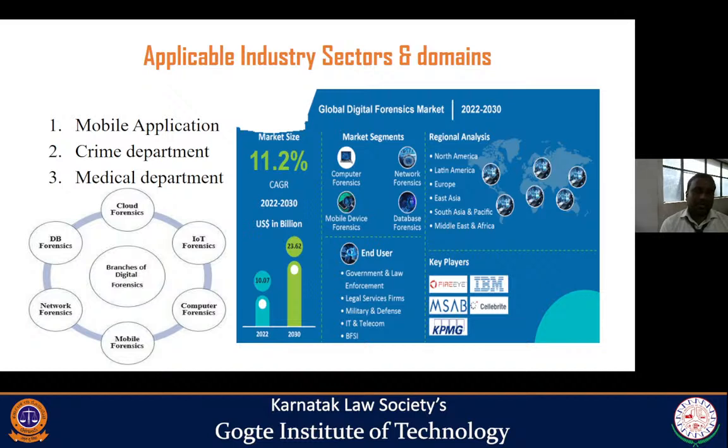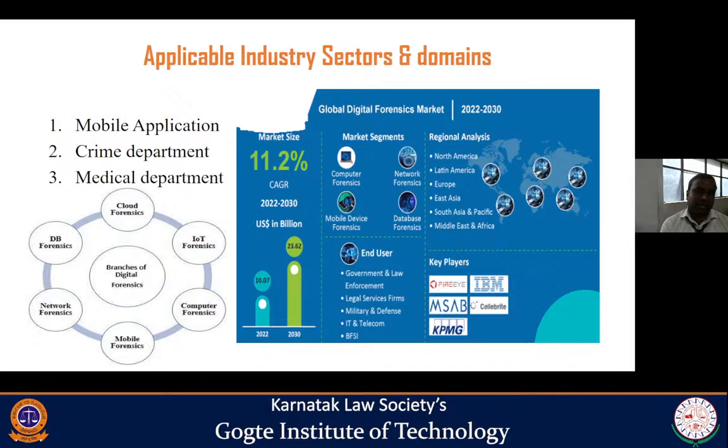Now you can see the global digital forensic market for 2022-2030, with a market size growth of 11.2%. The market segments are computer forensics, network forensics, database and mobile devices. The regions are North America, Latin America, Europe, East Asia, South Asia and Middle Asia. These are the applicable industry sectors and domains.